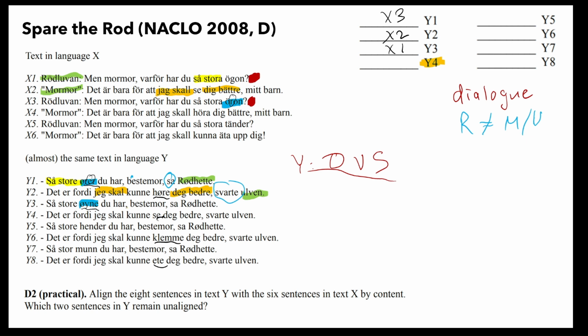Dig batres is the same, jag ska is the same. So se changes, ora changes, kuna, ata up, dig, right? Those change. So I'm pretty sure we have a misalignment somewhere in this section, but we know that se and se match. So X2 and Y4 should match. So that means that this one's wrong. That's okay, though. So we've got X2 and Y4.